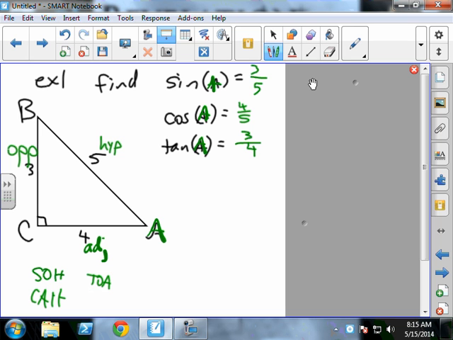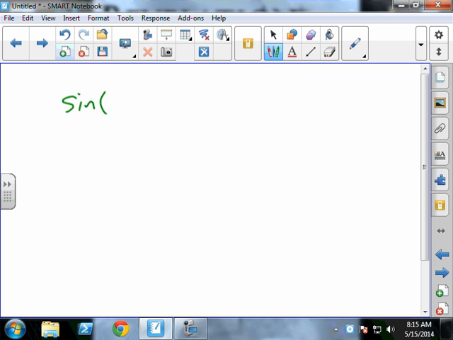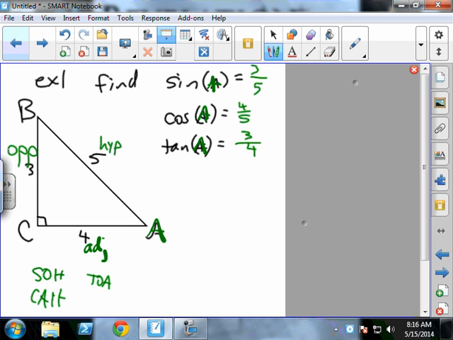Sine of any theta, cosine of any theta, will always be smaller than 1. If you have one that's bigger than 1, you did something wrong, or the triangle is labeled wrong. 3/5, 4/5, they're smaller than 1, we're okay. It's kind of like a system of checks and balances. Notice I didn't mention the tangent yet. We'll get to that one. Is everybody okay with what we've done so far?